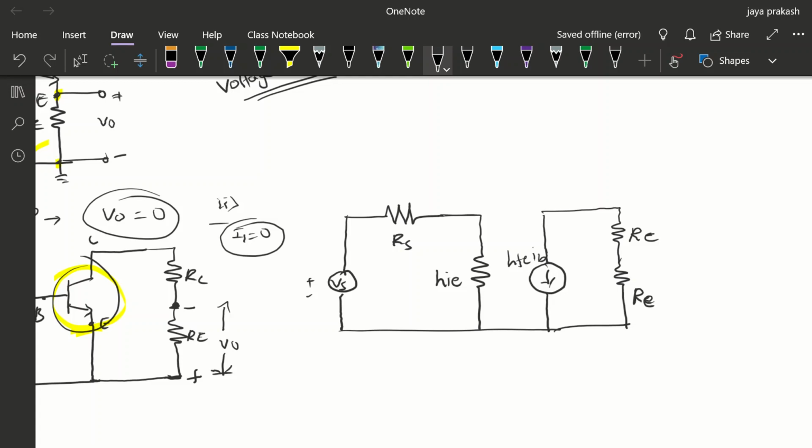Okay, RE, and this is the output voltage considered to be V0, and this is the plus sign and this is the minus sign, in between these two terminals.